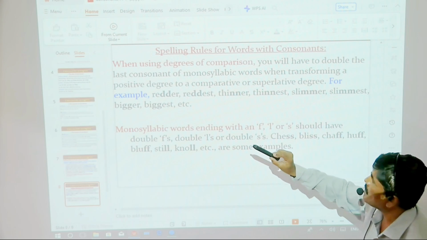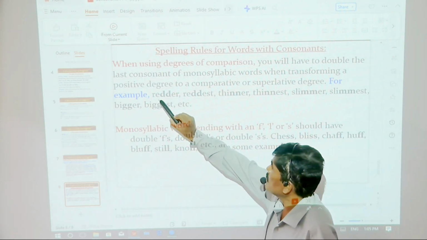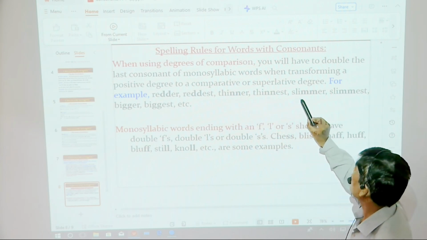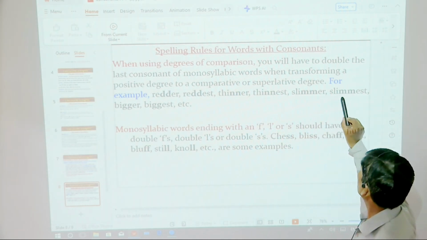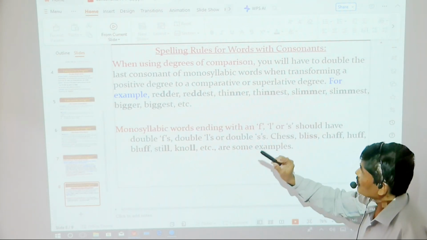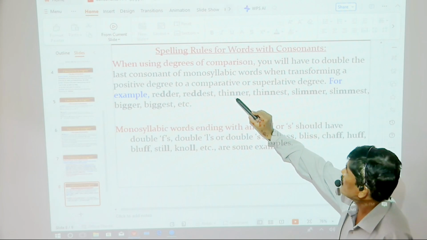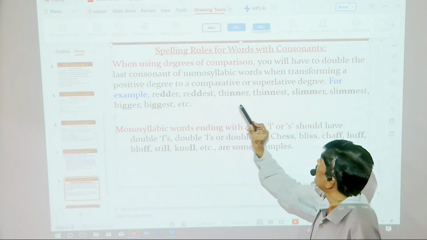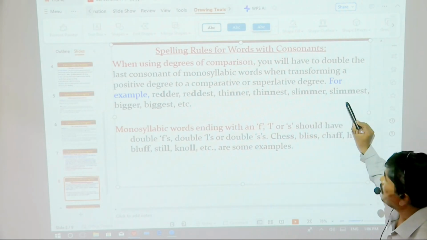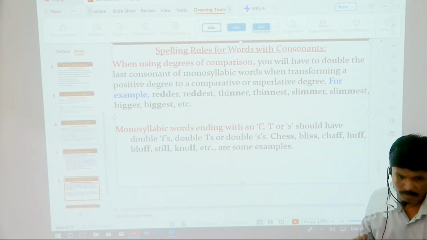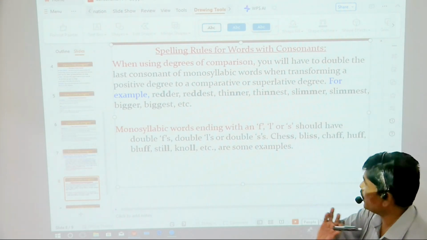For example, red, redder, reddest, thin, thinner, thinnest, slim, slimmer, slimmest, big, bigger, biggest, etc. Here you will find double N, double D, then double M, double G, etc.